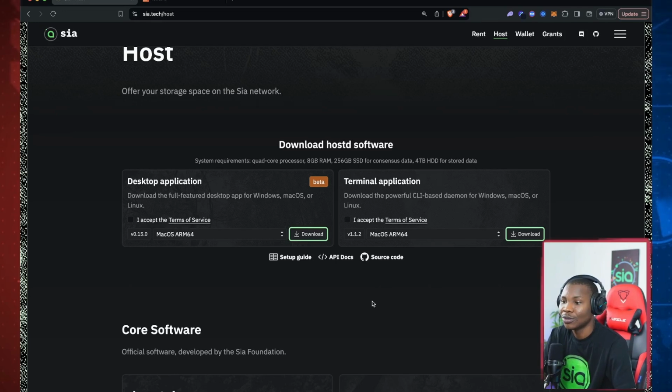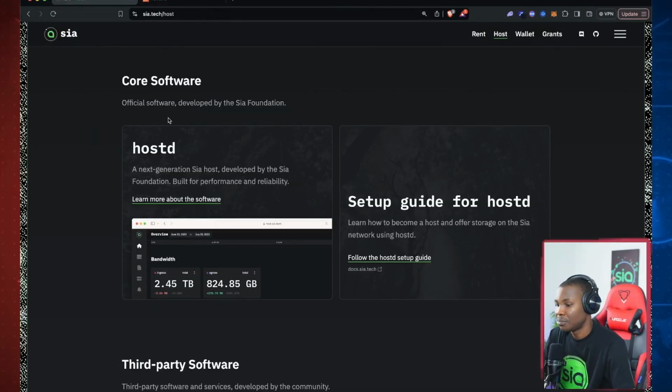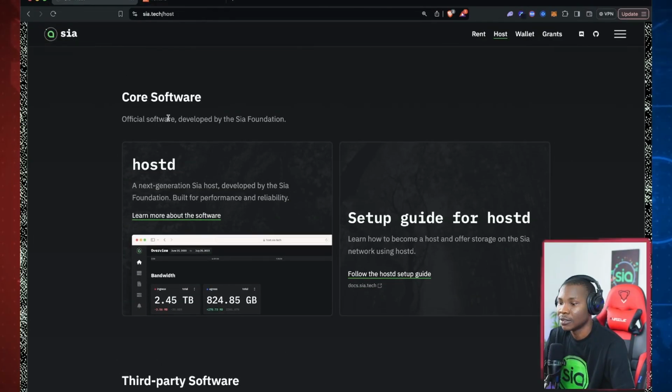So for now, just know that you can provide your machine as a host for people on the Sia blockchain to utilize and store their data in exchange for the Sia coin. You understand? That is just what you need to understand about this. These are some projects that have been built for the host software service of the Sia blockchain.